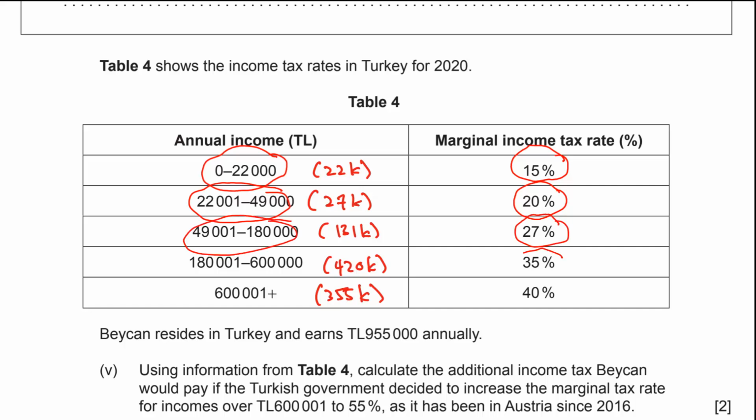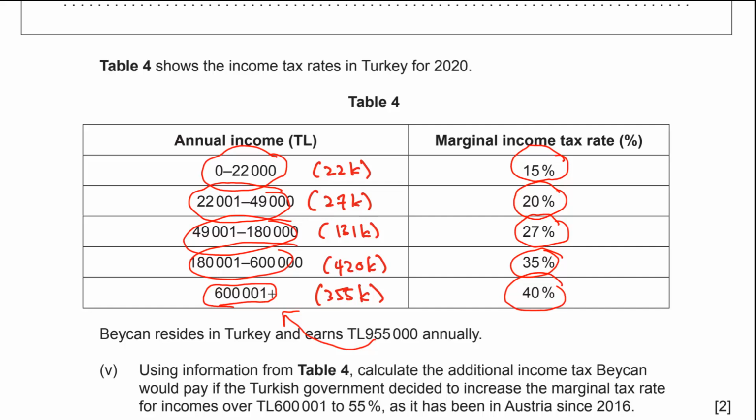They're going to pay 35% of the fourth bucket. And then the amount that's above 600,000, the slice, from 600 to 955, that's about 355,000 additional Turkish lira that this person's earning. On that slice, they're going to have to pay 40%.